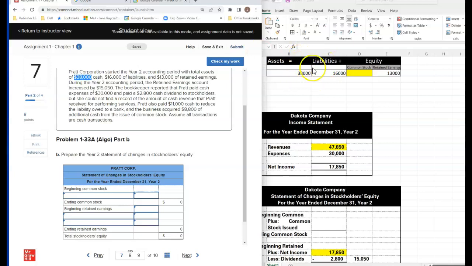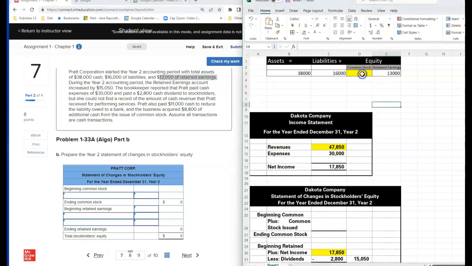So I've just put that in my accounting equation, $16,000 of liabilities. And then she knew there were $13,000 of retained earnings, but my accounting equation with that information doesn't balance. So I know we're missing a common stock amount.